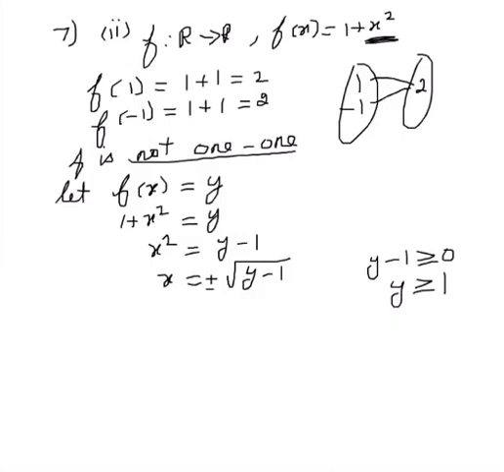For example, let us take 0. If y is 0, root of 0 minus 1 is root of minus 1, which is a complex number, but the set given is the real number set, so we cannot find the pre-image.